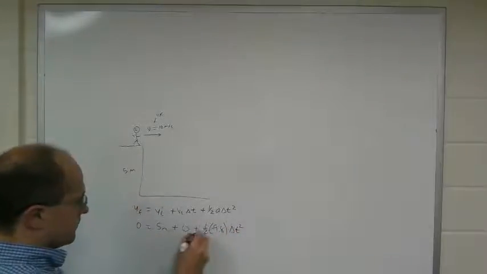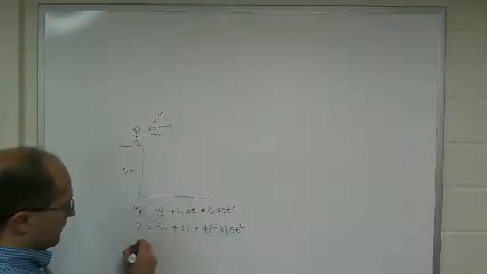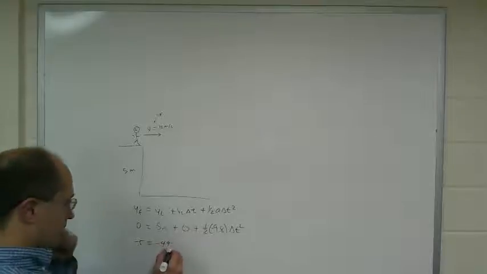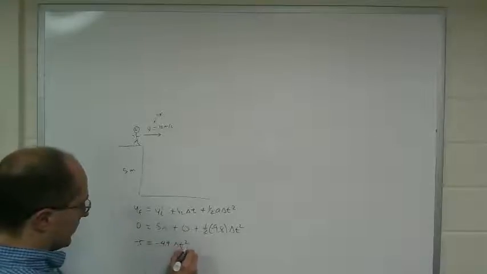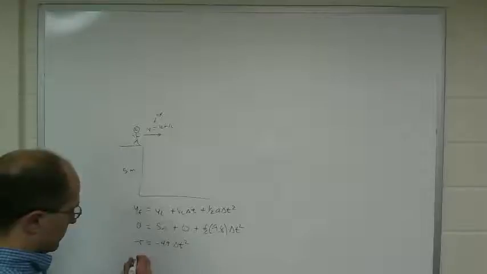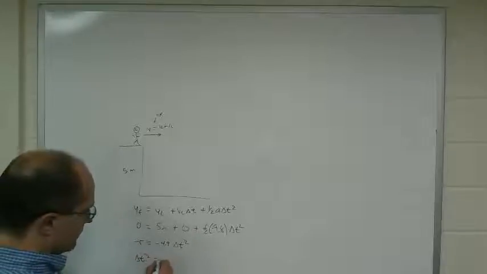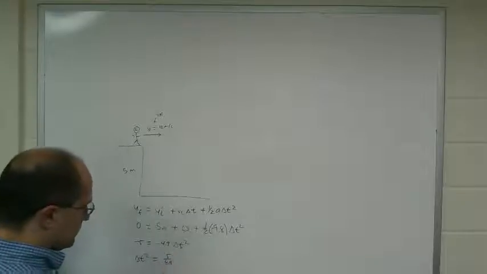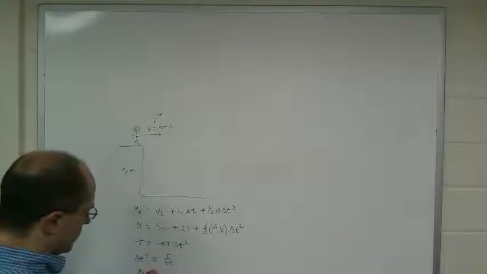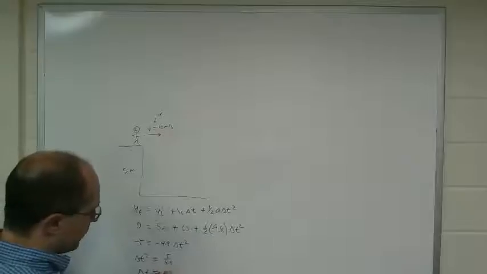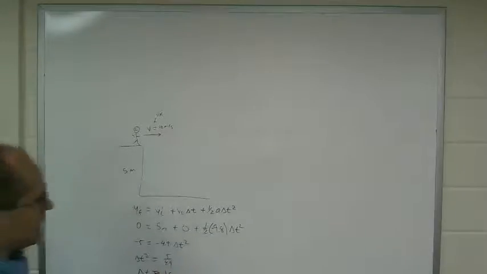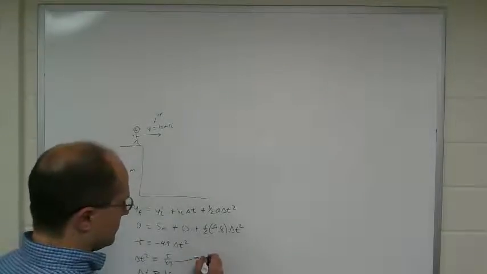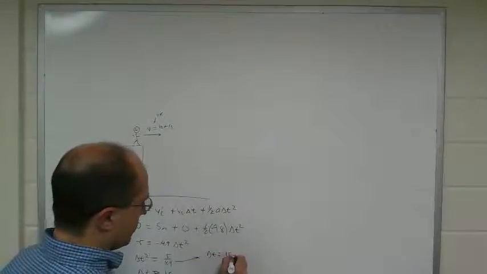So we move this over, we have negative 5 equals negative 4.9 delta t squared. Divide this over, we see that delta t squared is equal to 5 over 4.9. And so if we take the square root, this is about 1 second. It's a little bit over a second, but we'll treat it as delta t is about 1 second.